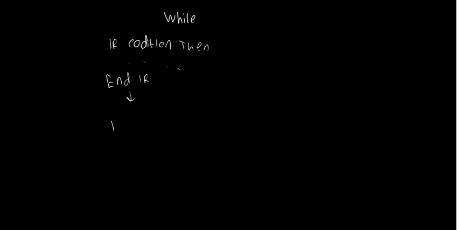So even in English we can say, while this is happening, do this. We can have our condition, do, then we can have our body there, and then we can end our while. This will run as long as this condition is true.